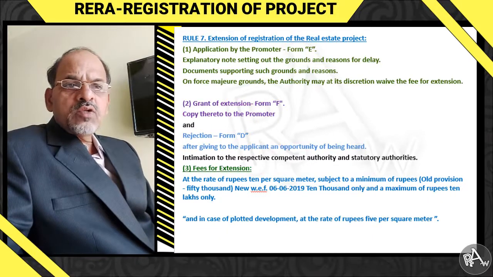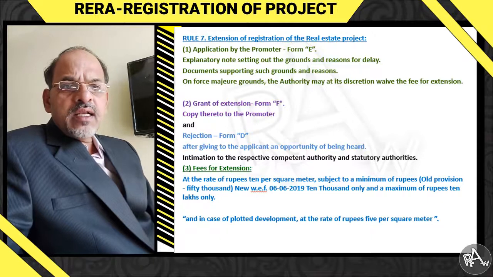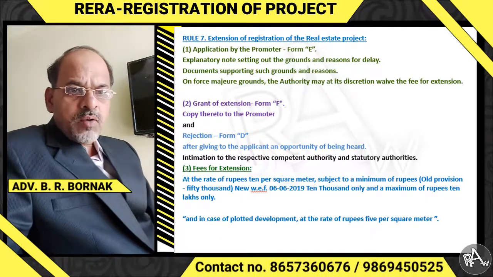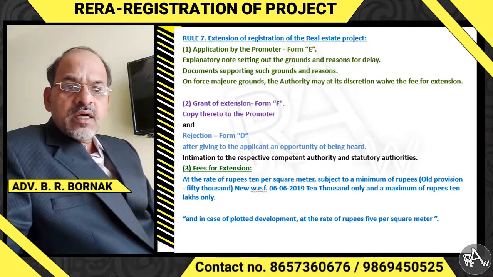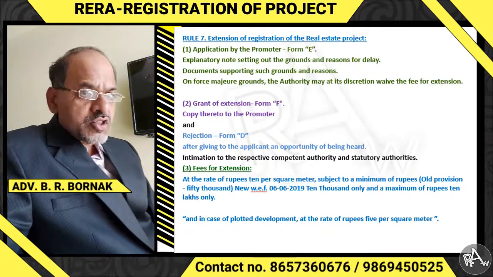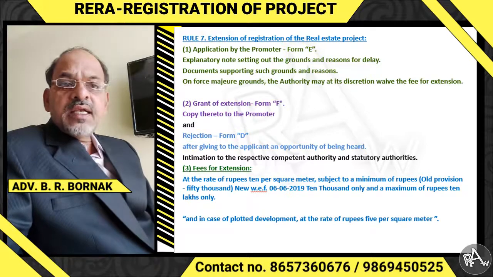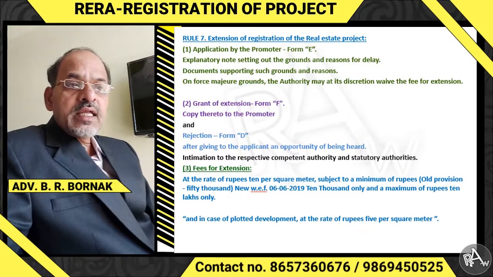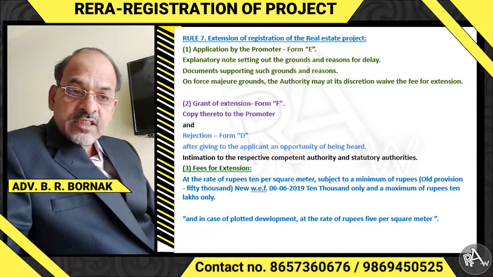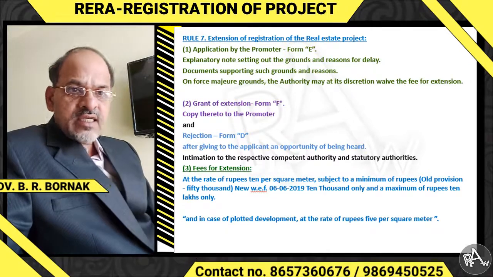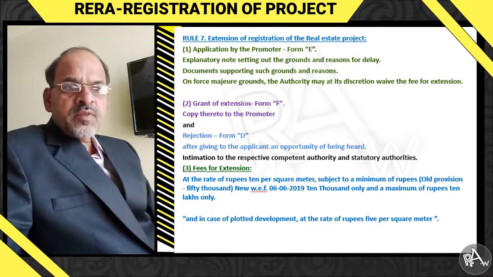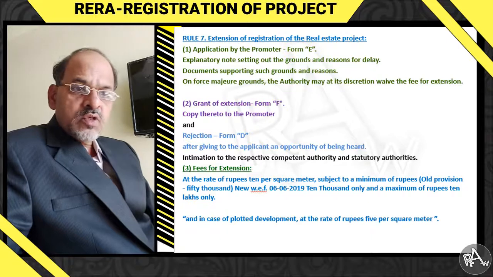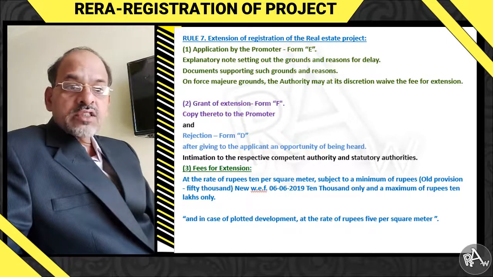A copy is given to the promoter, and if rejected, then that rejection letter is given in the prescribed form after giving the applicant an opportunity of being heard, and intimation is given to the respective competent authority and statutory authorities as well. Whenever there is a rejection, the intimation is given.